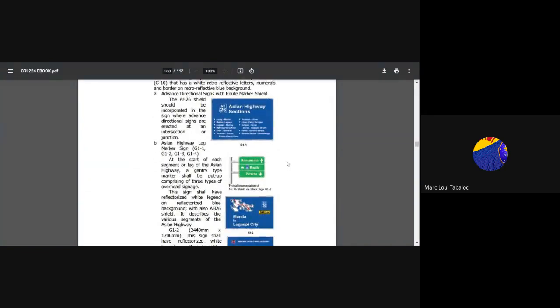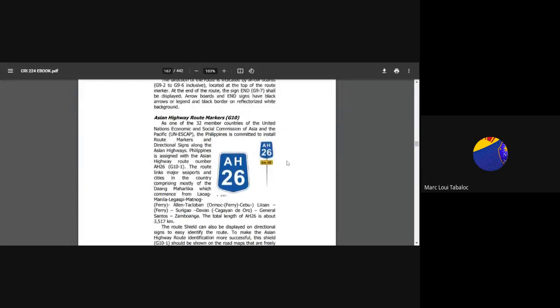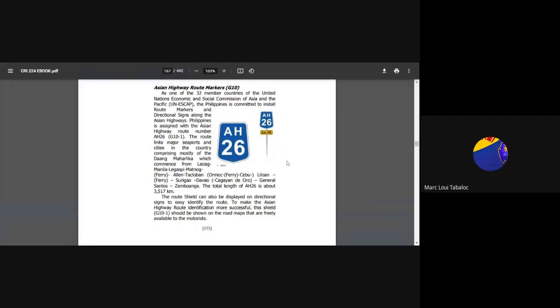Especially in places along the national highways, you would see AH26. What does AH26 mean? That is a standard for Asian countries.